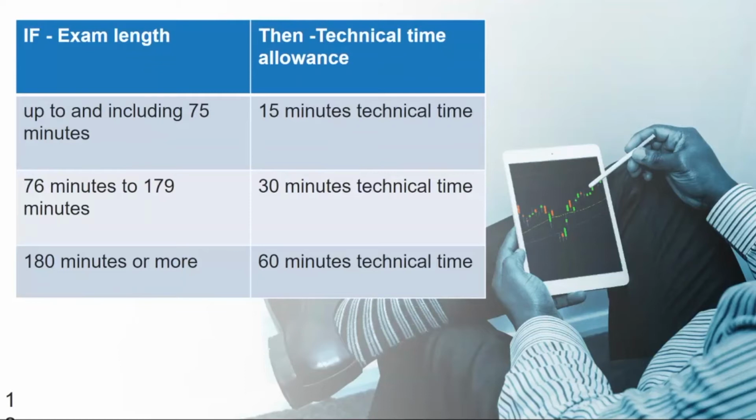It is very short answer questions, or very brief essays, so the file is not huge and it's okay for them to send it to you. So you just allow 15 minutes of technical time. Technical time here means just in case they have problems submitting and all that, so you have extra leeway for them to submit.